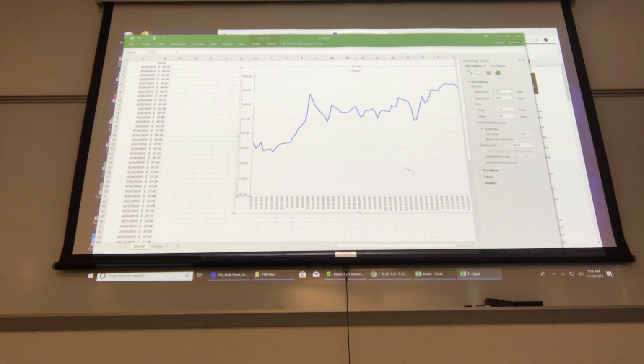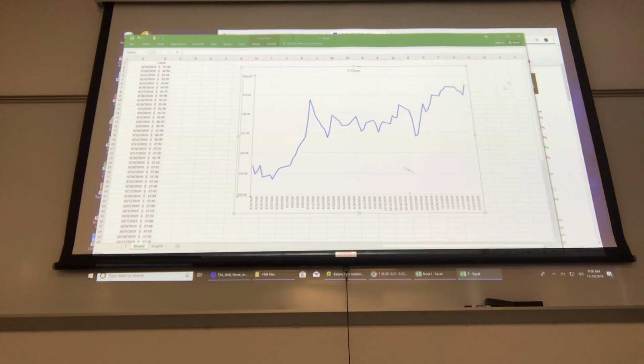Correct. 34 to 37. And I have a different range. Is this the lowest one? If I put it at 35, I will not have that part. This is what I have. This is what I have as a stock.